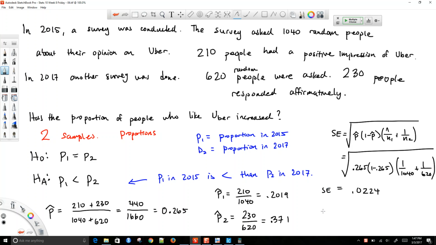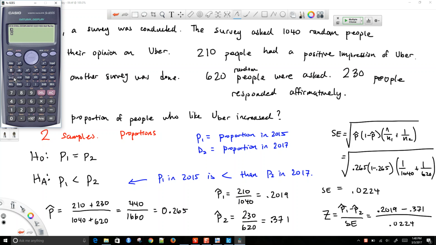Now incorporating this into my z-score, z is p hat 1 minus p hat 2, divided by the standard error. So I will have 0.2019 minus 0.371 divided by 0.0224.